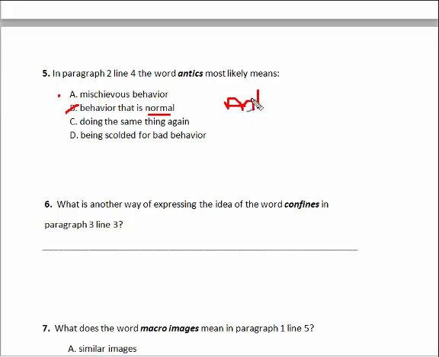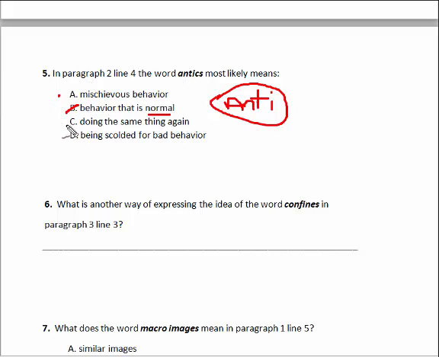Did you see that? If all that other stuff means some type of behavior, self-satisfying, then this relates back to anti-behavior. So it's like against behavior. What kind of behavior do people normally do? Normal. See what I just did there?